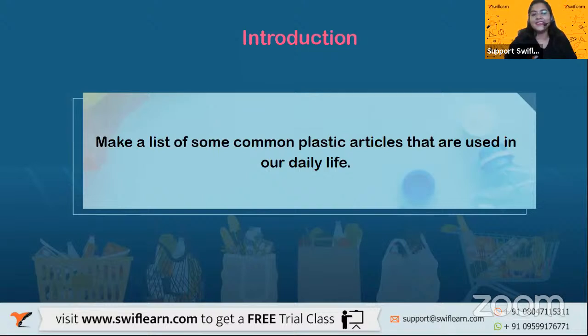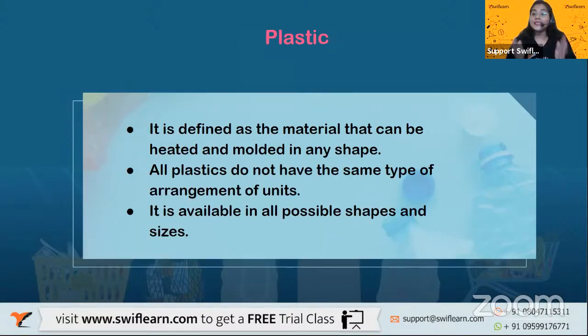Okay. Yes. So what is a plastic? It is defined as the material that can be heated or molded in any shape. You can melt it into any shape whichever you want. Okay, so all plastics do not have the same type of arrangement of units.